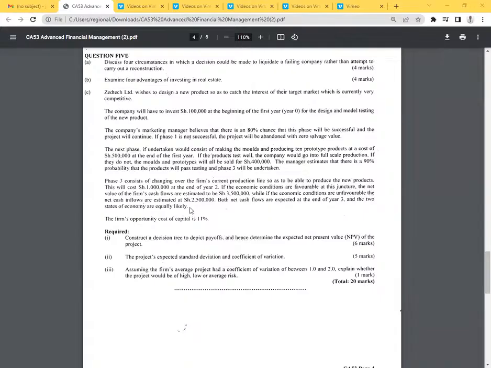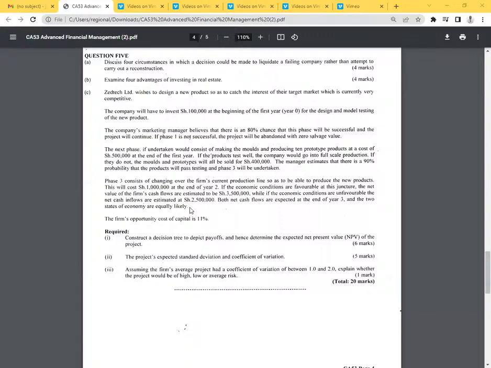Question number 5C, Tev Limited wishes to design a new product so as to catch the interest of their target market, which is currently very competitive. The company will have to invest 100,000 at the beginning of the first year, which is year 0, for the design and model testing of the new product. The company's marketing manager believes that there is an 80% chance that this phase will be successful and the project will continue.